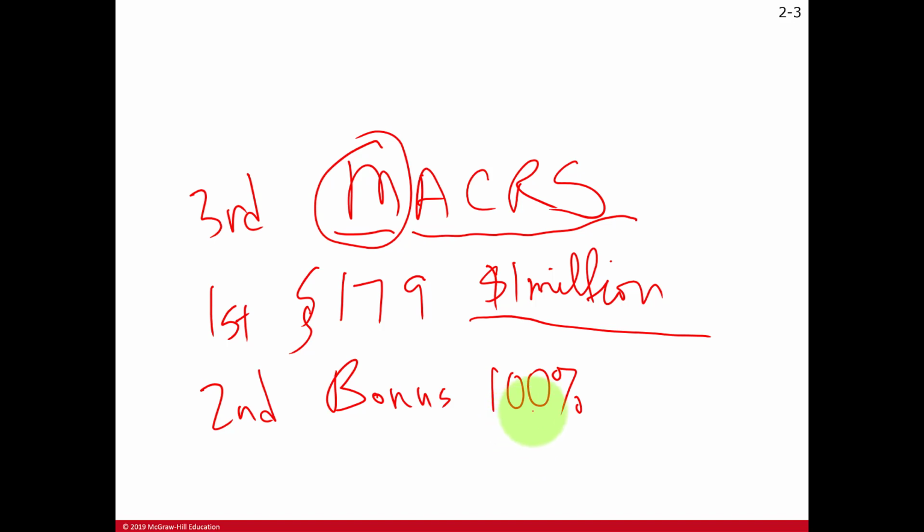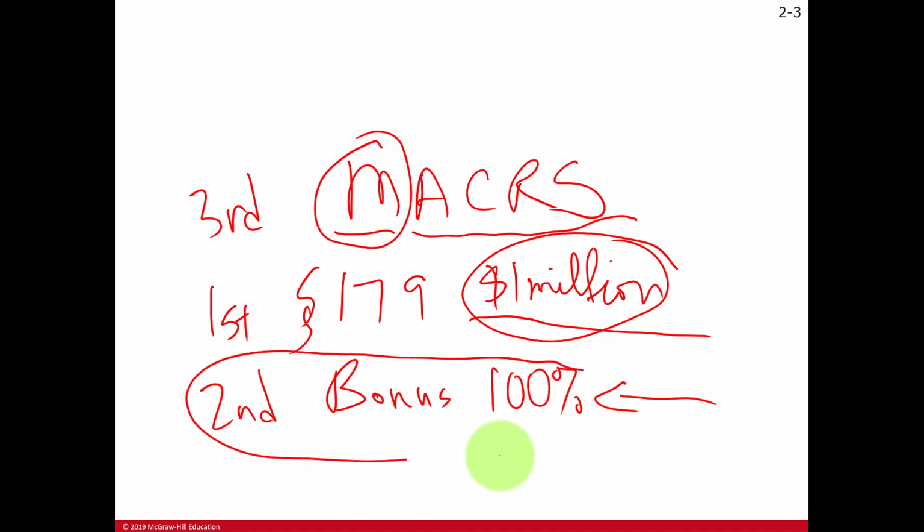Our textbook says probably this is the preferred method, but again, most businesses don't buy $1 million worth of assets. Okay, but if you do, then maybe this bonus will come into play, and then the MACRS will come into play.